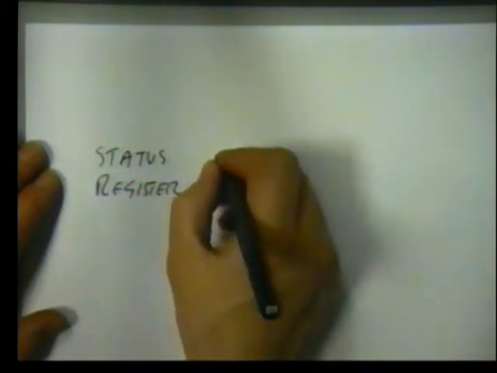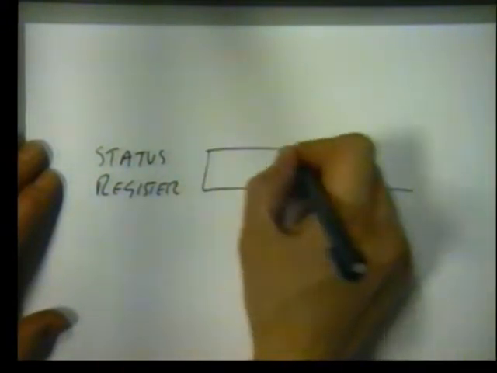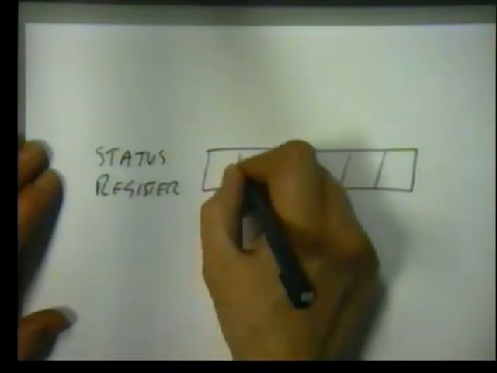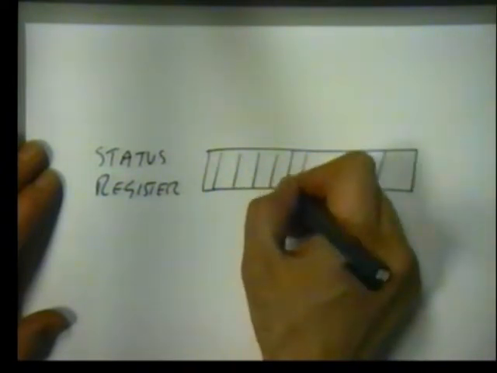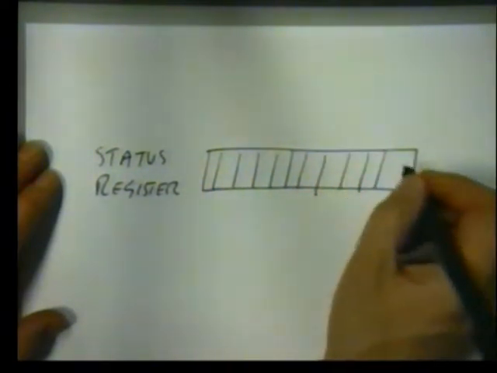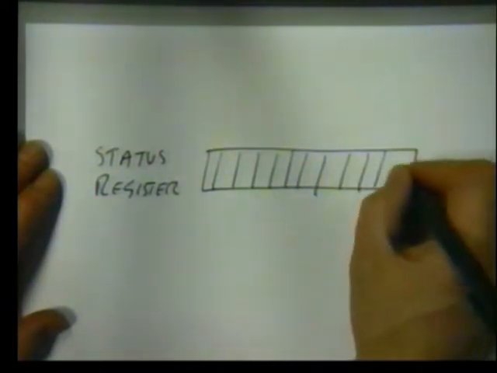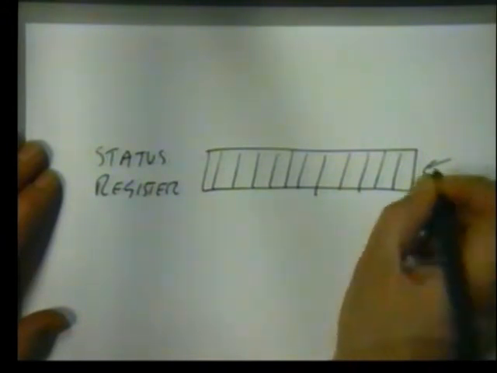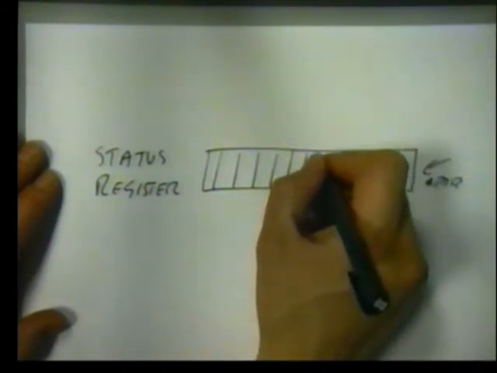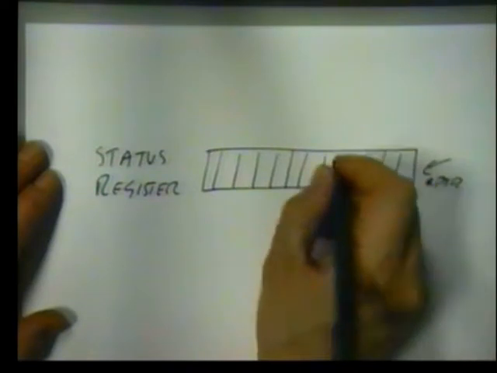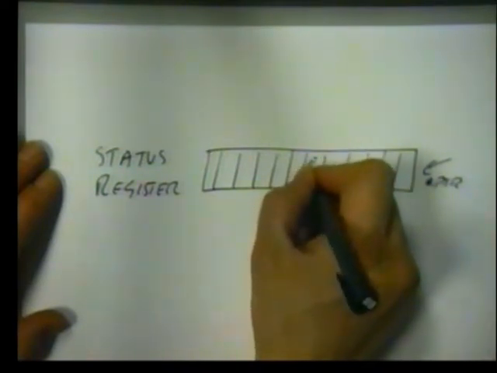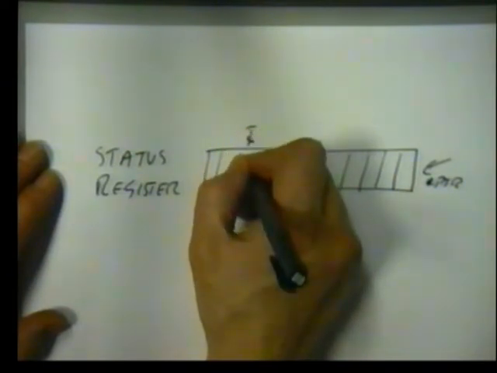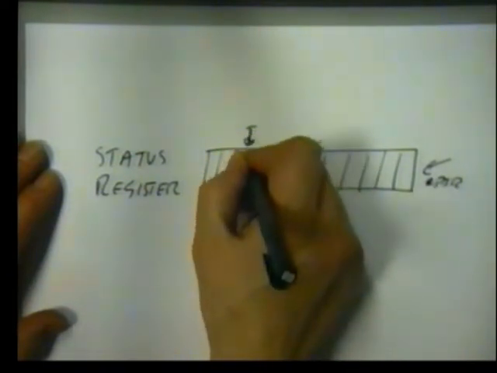The interrupt status register is a block of memory, typically 8 bits, might be 16 bits for more complex processors, and this is at a fixed memory location, so you can access it with a pointer, and for every possible interrupt there is a single bit related to it, so the external interrupt will have a bit somewhere. The timer overflow will have a bit somewhere.